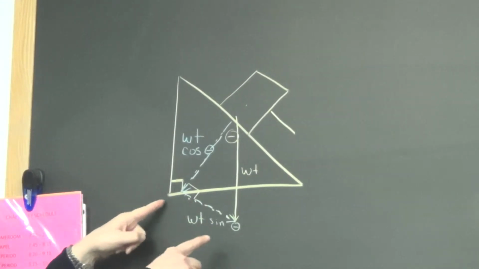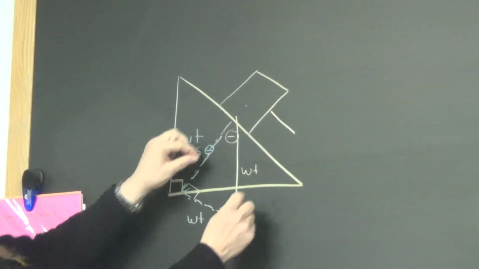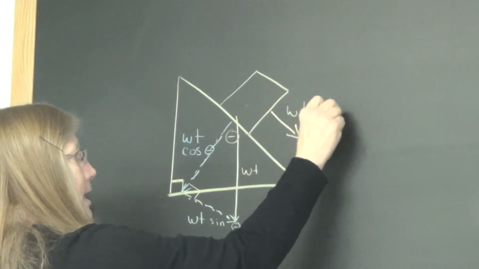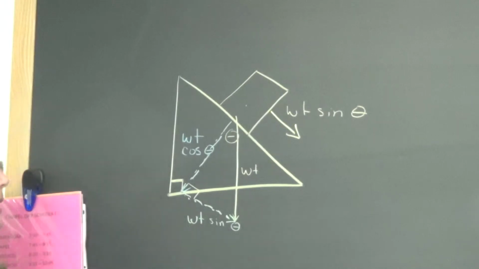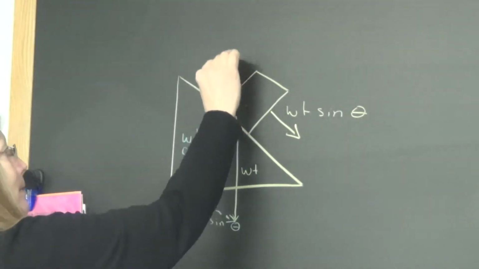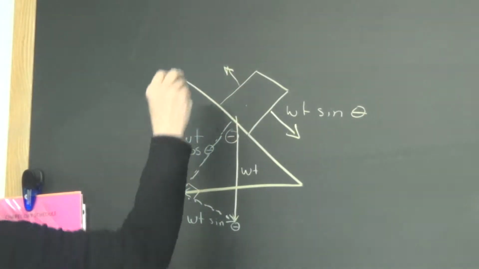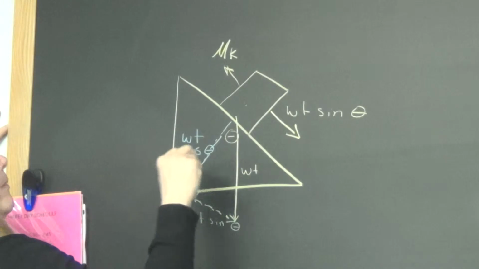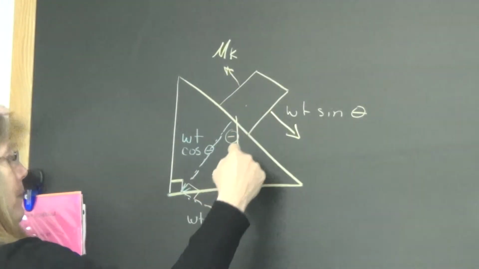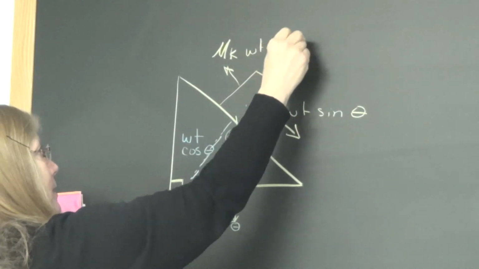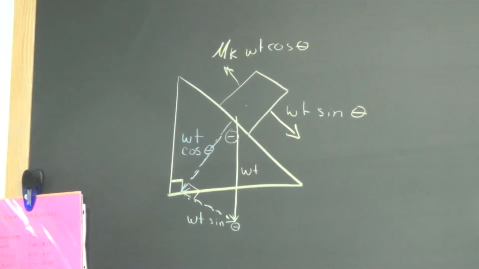We could use that weight sine theta more effectively by moving it up here because it is the force that causes the box or object to go down the inclined plane. To counter it is the force of friction, which is always mu k times the normal force if it's moving, and the normal force, which we borrowed from here, is weight cosine theta. So that's pretty much where we got to.